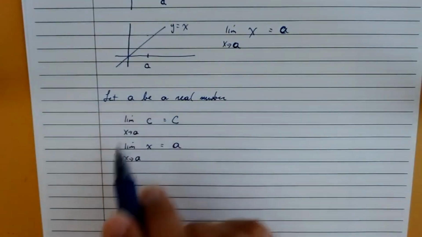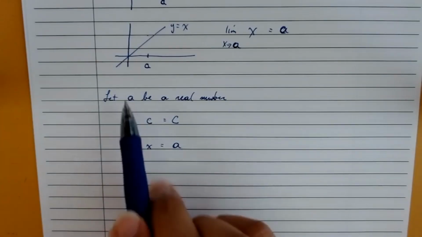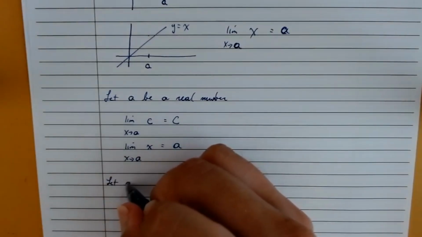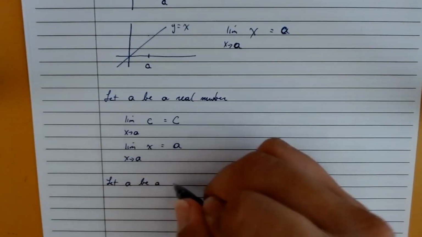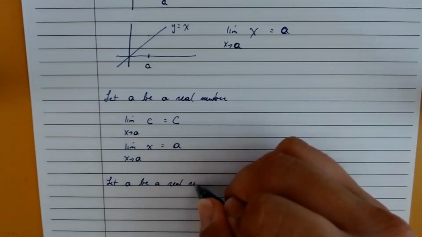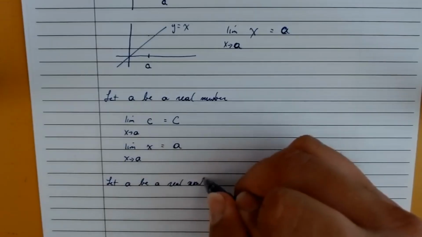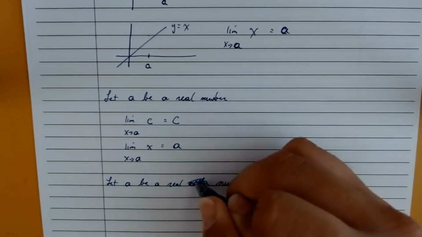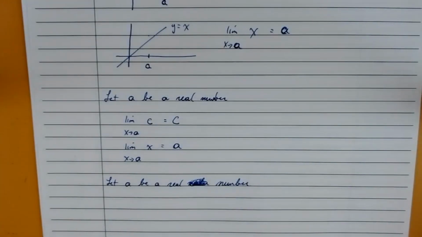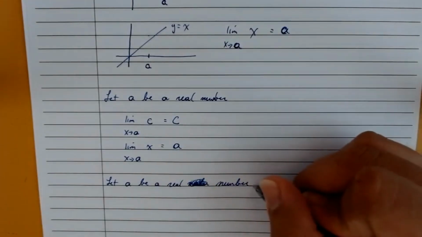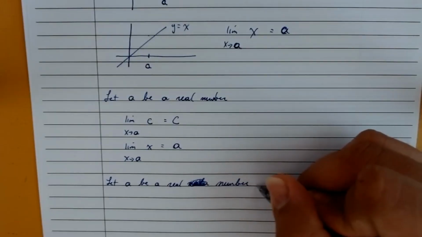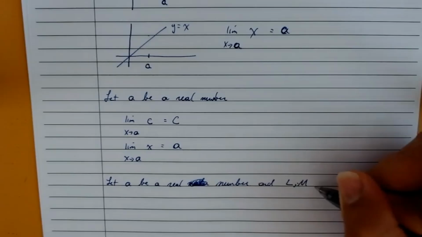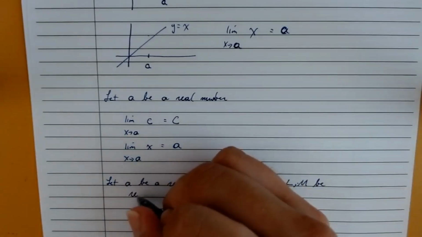So here we have let a be a real number. All right, the next few properties are going to require us to have more than just one real number. And then we're going to take two other values, which we're going to call L and M. We're going to let those be real numbers as well.